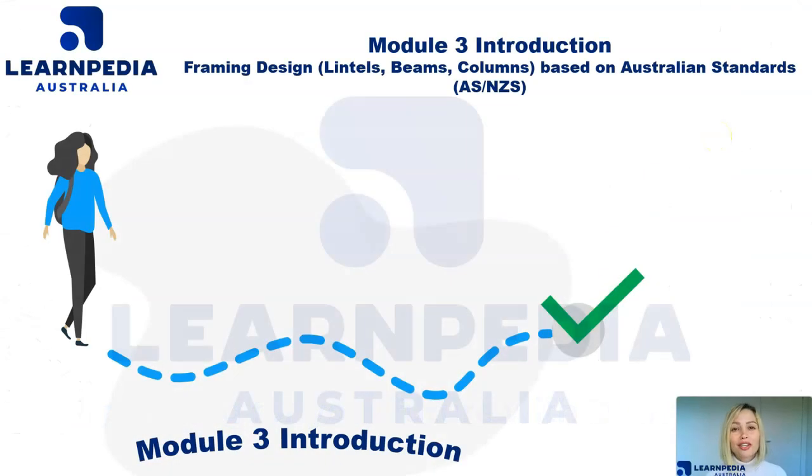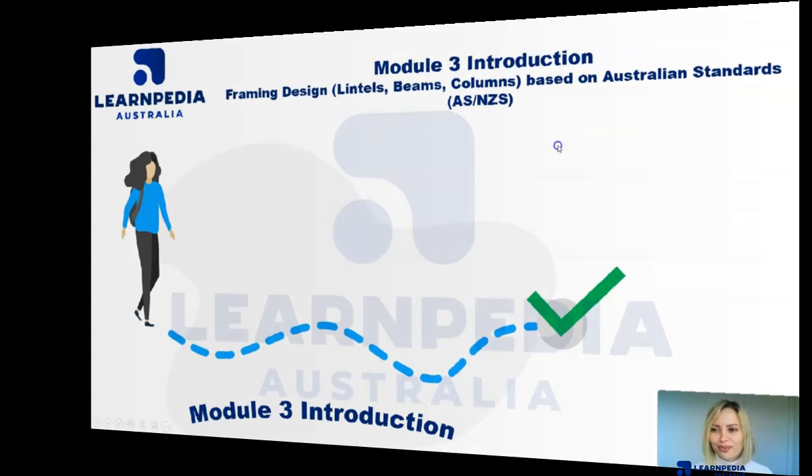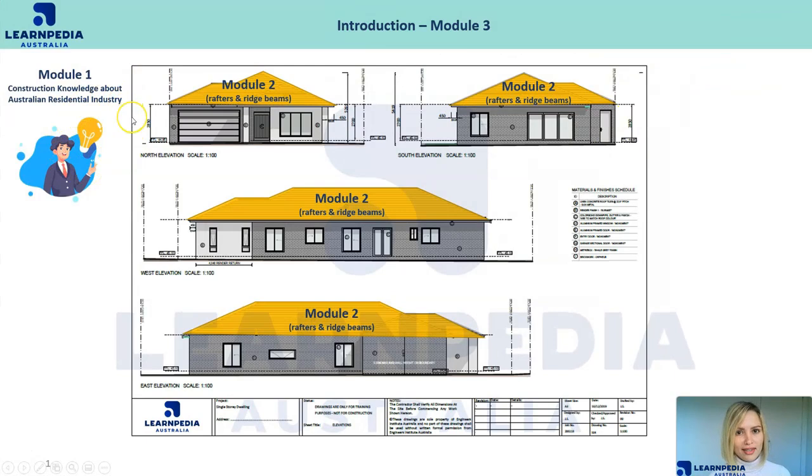Introduction to module 3. The title is Framing Design in brackets: lintels, beams, columns based on Australian standards and codes. Now, in module 1, you've learned about construction knowledge and how things are built in Australia, who will be involved in a residential project, what their responsibilities are, how things work, what the common materials are, and what the common commercial products are.